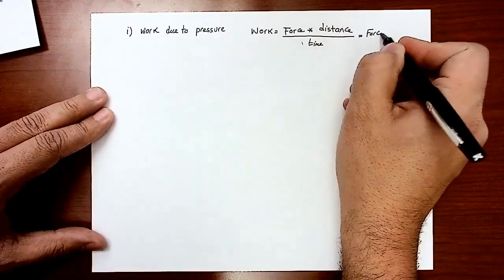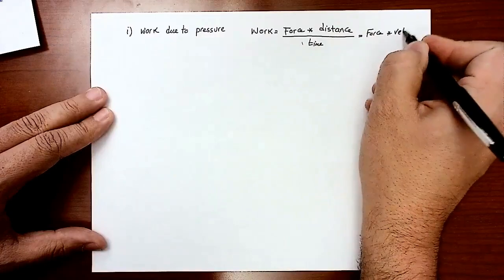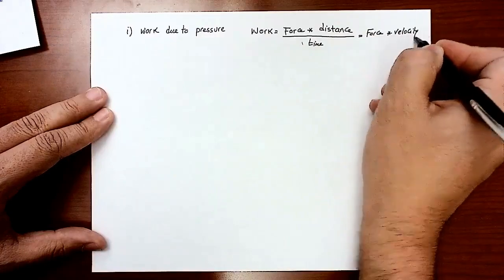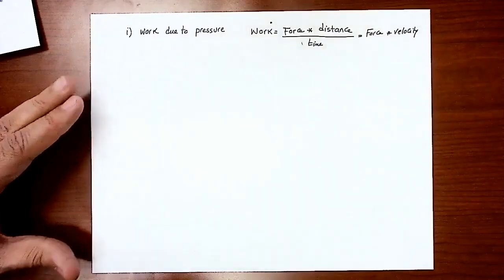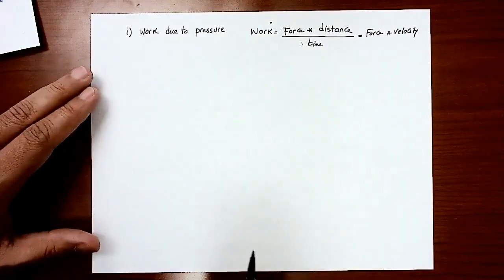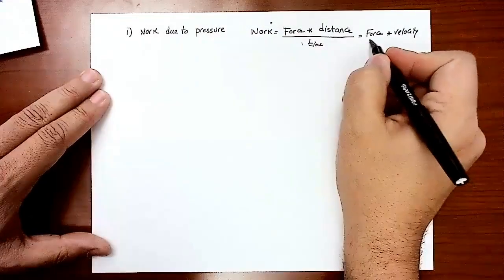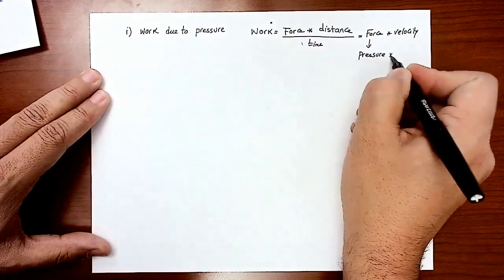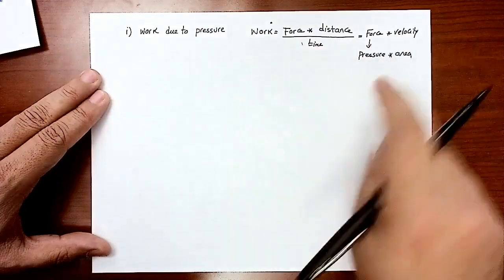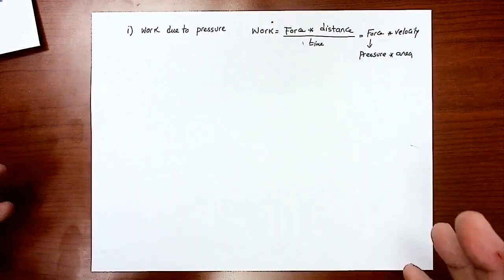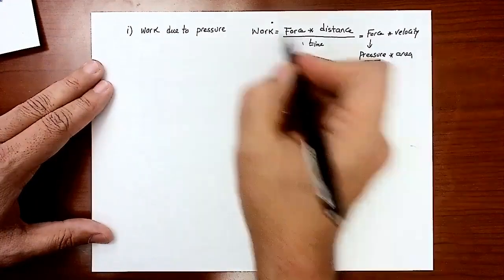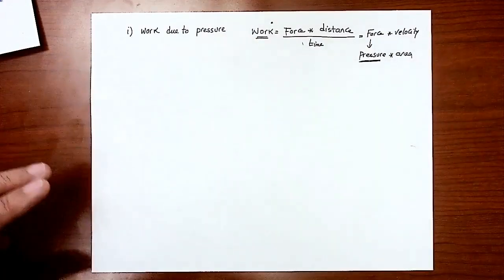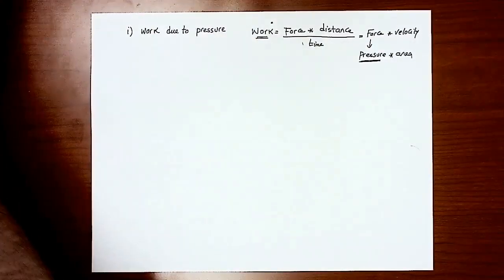So you can get the same work rate by multiplying force times velocity. And we know that force can be calculated from the pressure times the area. So this is just a simple scalar way to show you how the pressure is related to the work, right? So that's what we're going to do right now.